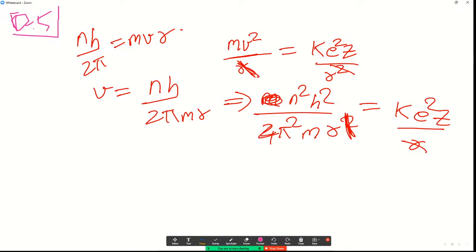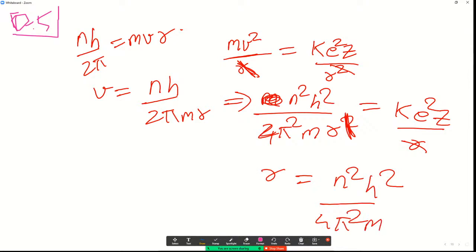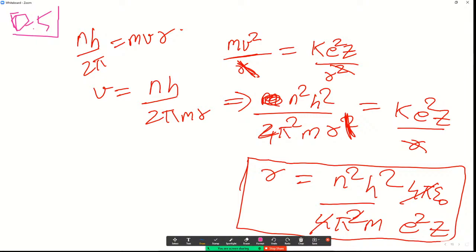We have r equals n square ħ square by 4 pi square m times 4 pi epsilon naught e square Z. So 4 pi cancels with this, yeah, so then e squared over pi m.